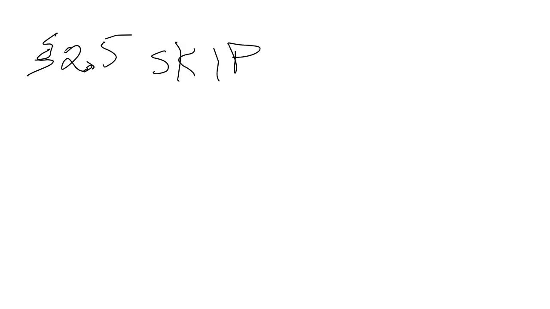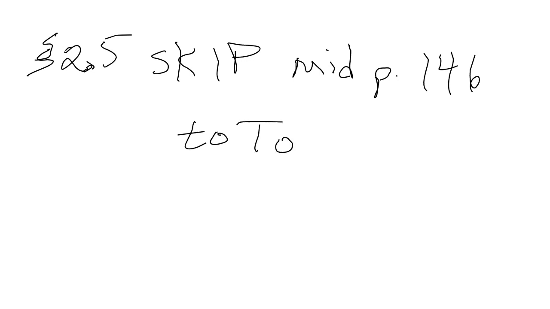Anyway, section 2-5, remember the double S like that? That's a section number. We are going to skip something, like we skipped 2-3. Skip the middle of page 146, the paragraph right above illustration 3, until the top of page 149, right above illustration 6.